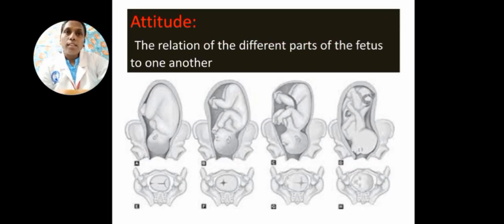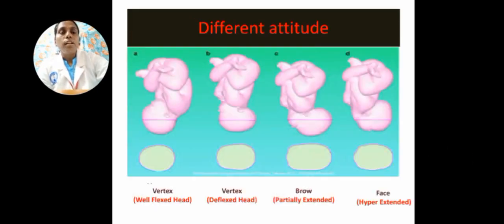Next is attitude. This denotes the relation of the different parts of the fetus to one another. We say attitude is otherwise the degree of flexion of the head. There are different types of attitude.